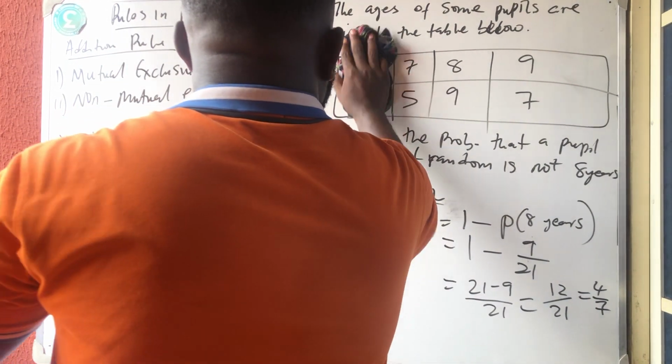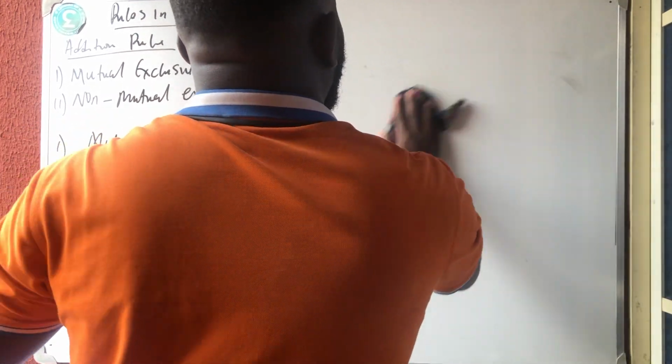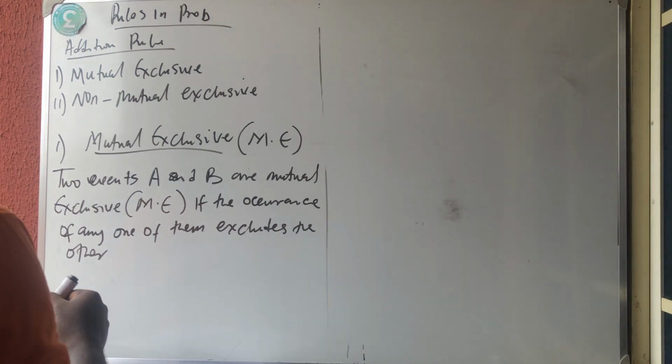So like they don't need each other. That means they don't have any intersection.